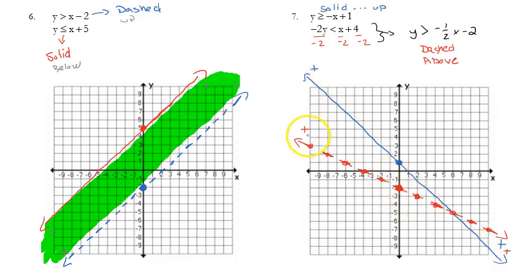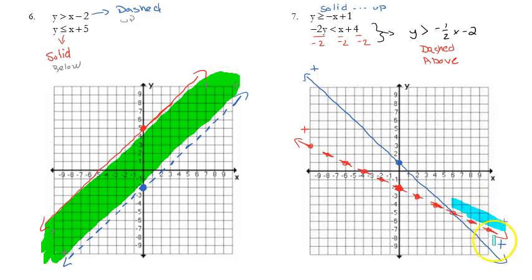So you can see if I went above the dashed line, this is not an overlap section because it's above and above. Okay. So I have to be above my blue line, and I have to be, oops, I put that one in the wrong spot, above my red line. The only spot that's above blue and above red is, stay above the red.